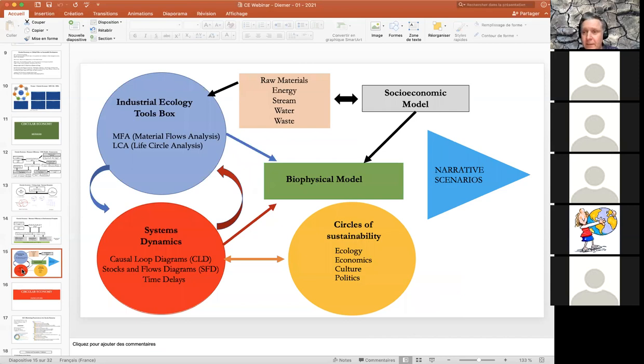If you start at the micro level, you can be really involved with the industrial ecology toolbox, and MFA, LCA are going to be the methods to create the indicators. And maybe what changes in the system is the way to take care of the resource. If you focus on energy, stream, water, waste, there is a different way to measure.